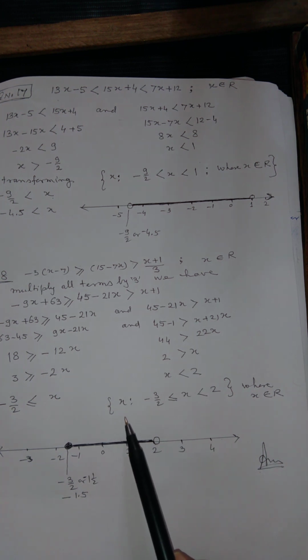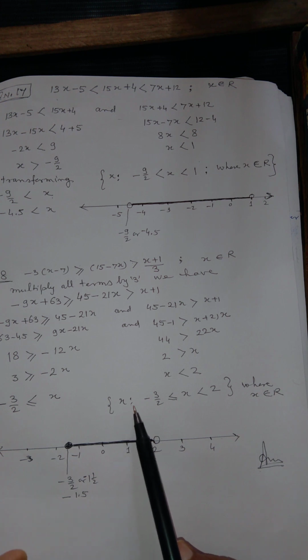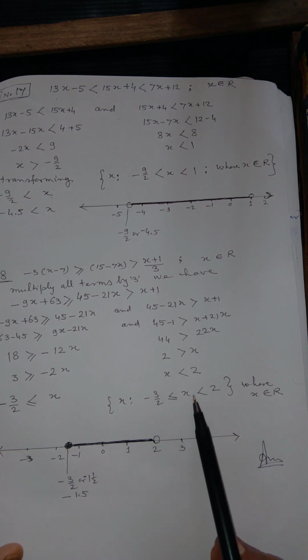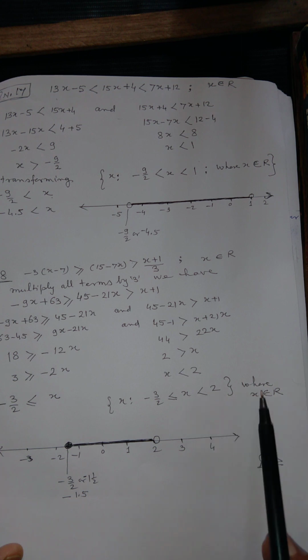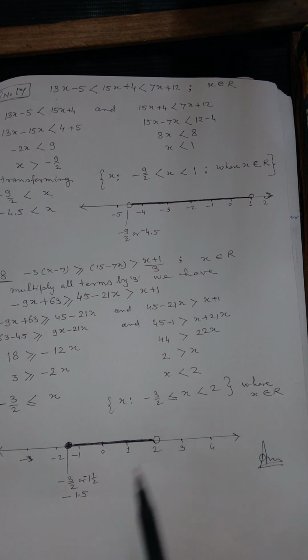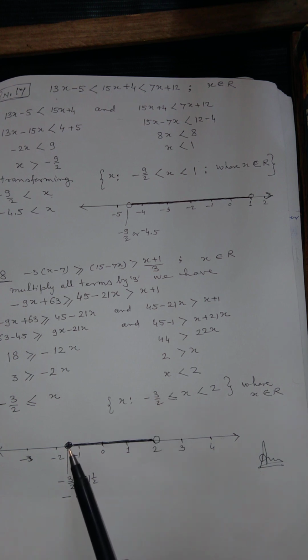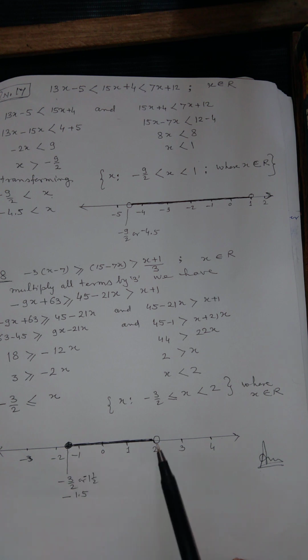So our solution set will be like this: x such that minus 3 by 2 less than or equal to x, and x less than 2, where x belongs to real numbers. Now you see, minus 3 by 2 has been represented by a point which has been darkened because it is included in the solution set, and 2 is not included, it is excluded.